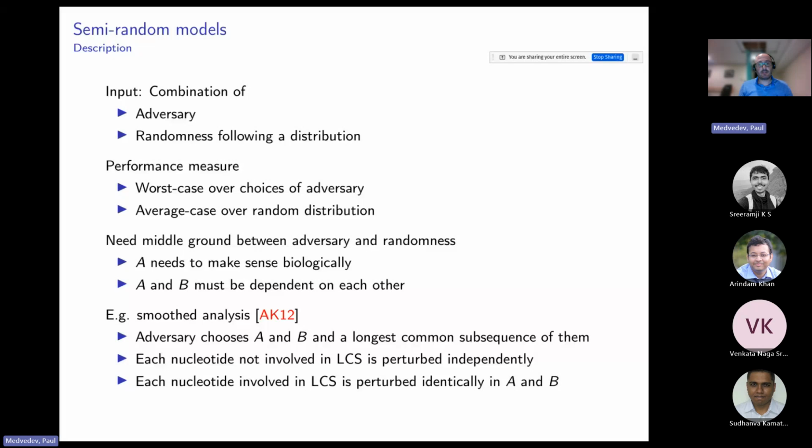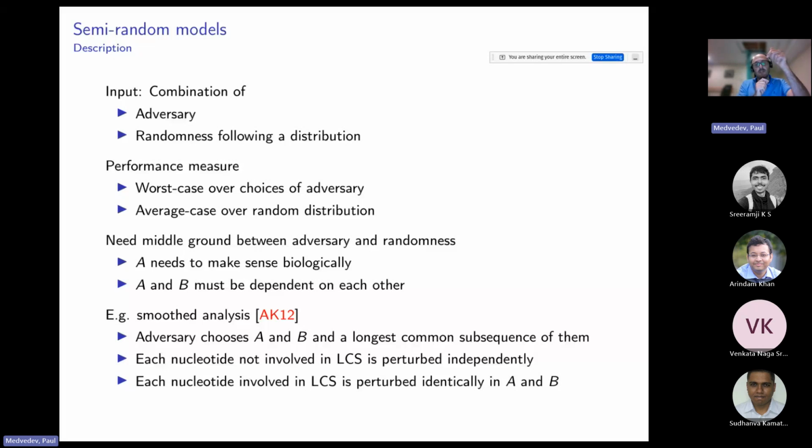Here, the adversary chooses a longest common subsequence, positionally, of A and B. So it fixes which positions of A and B are going to be matched, going back to the alignment idea. And then you perturb, you add random noise everywhere, but you make sure that when you add noise to the shared positions between A and B, it's the same.